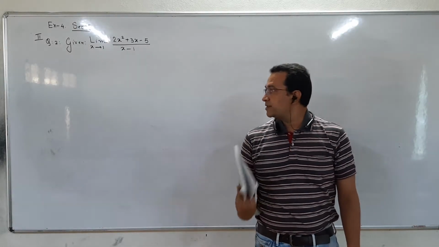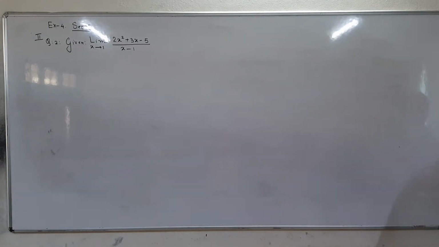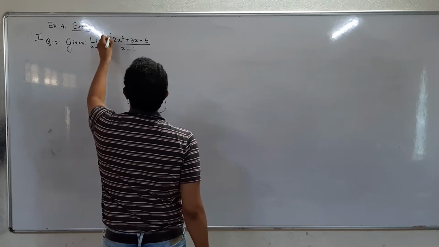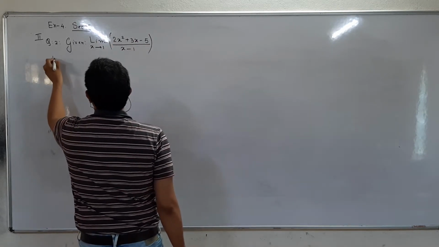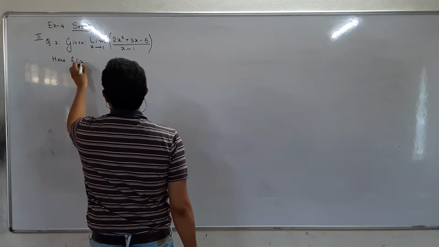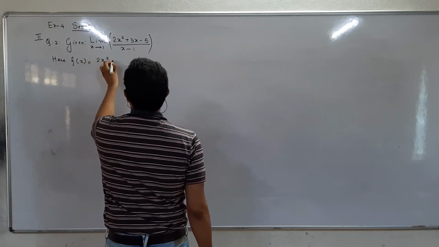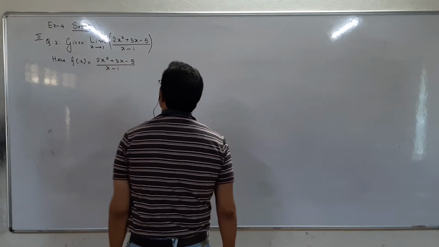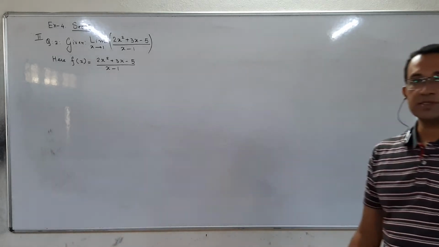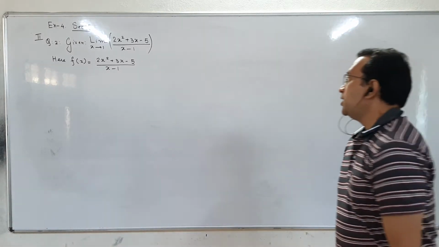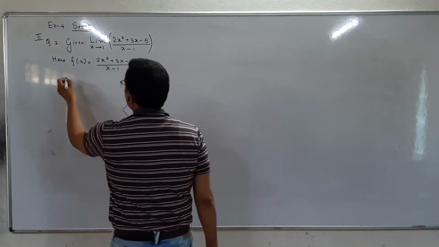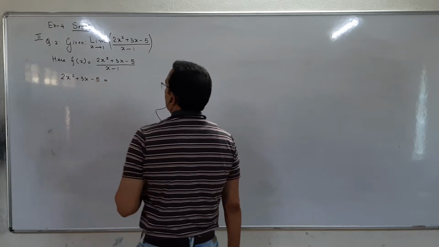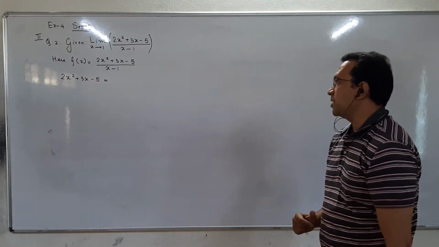Okay students, we have to find the limit by tabular method. So as usual, we will simplify f(x). Here f(x) will be (2x square plus 3x minus 5) upon (x minus 1). Now students, if I simplify 2x square plus 3x minus 5, 5 into minus 2 is minus 10.